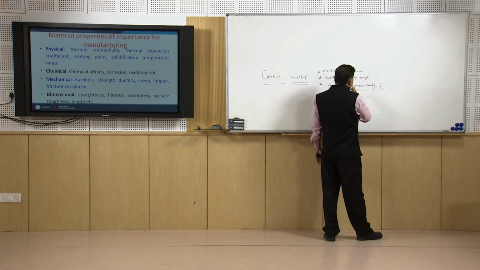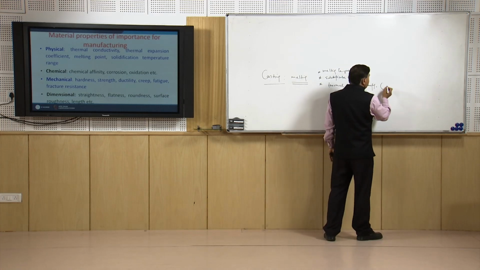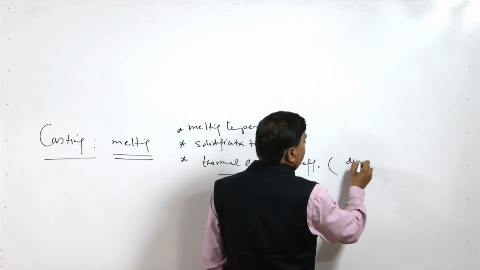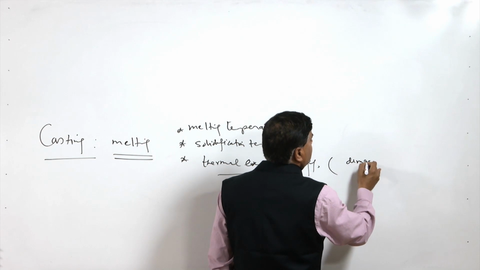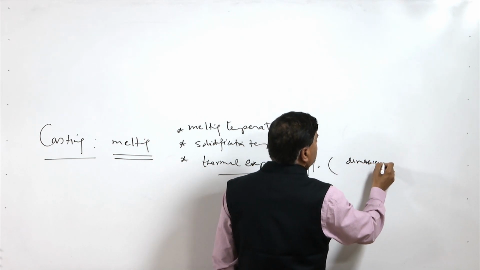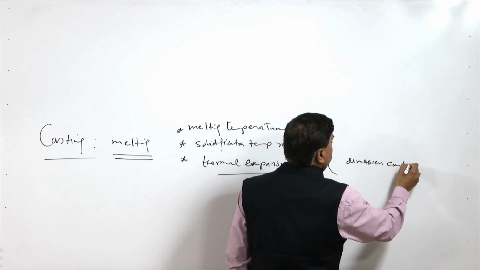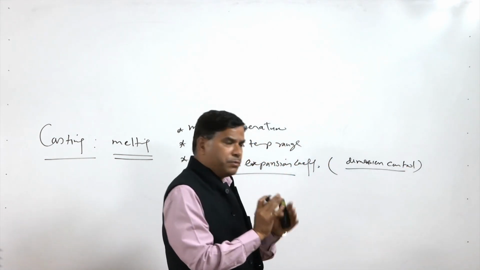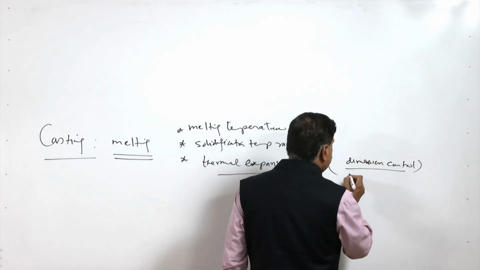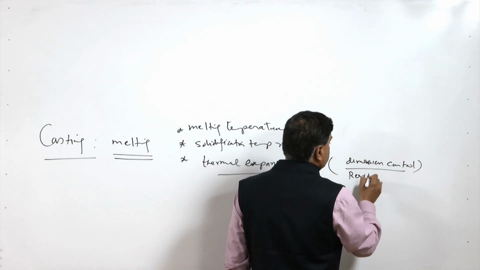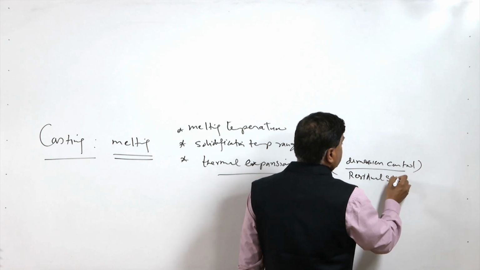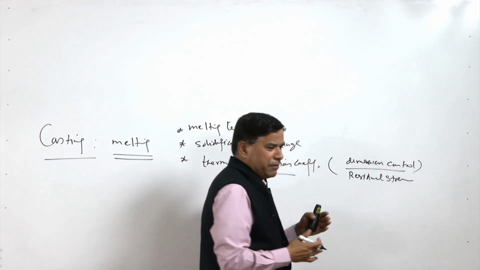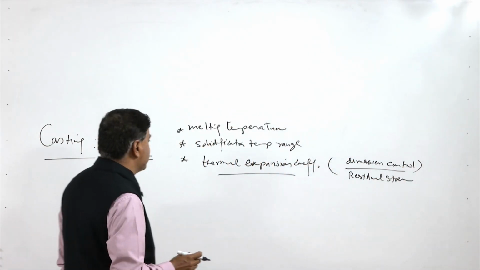A high thermal expansion coefficient will cause the problem of dimensional control due to shrinkage. Excessive shrinkage, under certain conditions, will also lead to the development of residual stresses. Increased residual stresses will create the problem of distortion as well as cracking tendency.